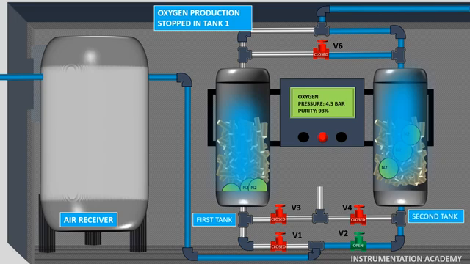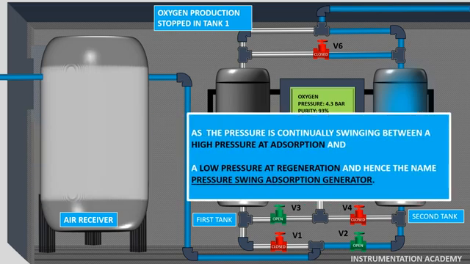This released nitrogen is vented out from the system through valve V3 and the zeolite becomes regenerated. By doing that, the system makes room for new nitrogen molecules to attach to the zeolite in the next adsorption phase. These operations are alternatively repeated in both the tanks and the pressure is continually swinging between a high pressure at adsorption and a low pressure at regeneration, and hence the name pressure swing adsorption generator.